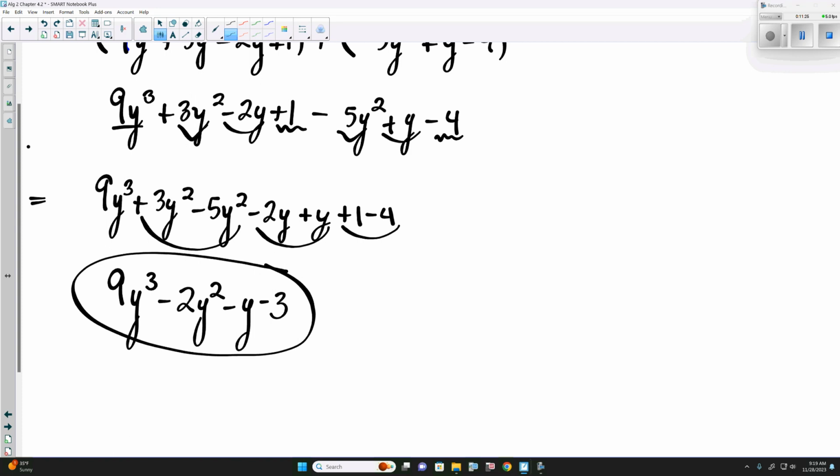Realistically, this step here, we didn't necessarily have to put the like terms next to each other. We could have gone on and just combined them. But that's it. Questions on this here? We're ready for the next one.